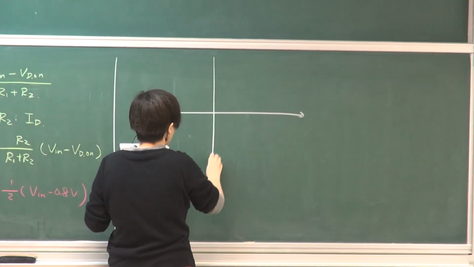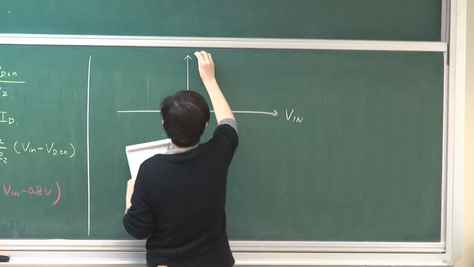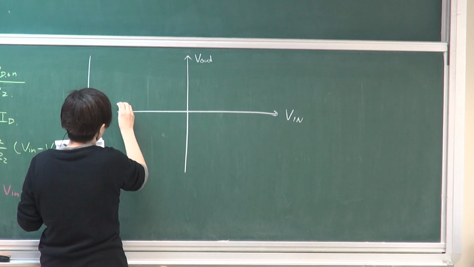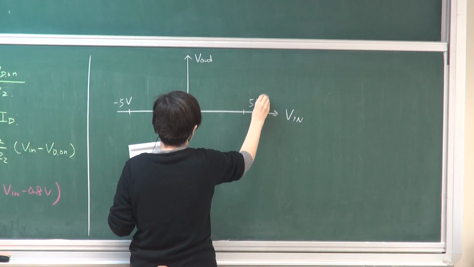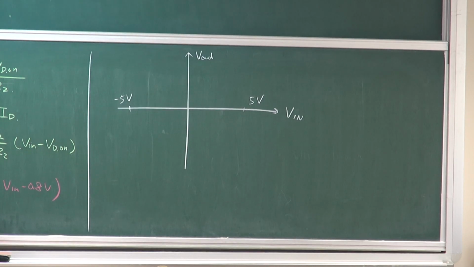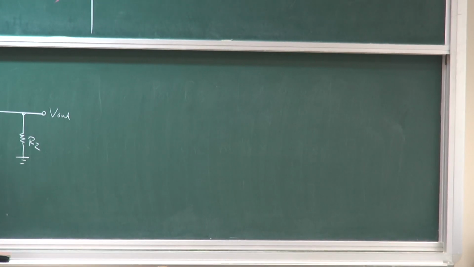So let's say my Vin, you simply sweep your Vin and look at the Vout. So this will be -5 volt all the way to 5 volts. Okay, you want to draw the plot. So for this type of circuit, one of the problems is that it's very hard to start.